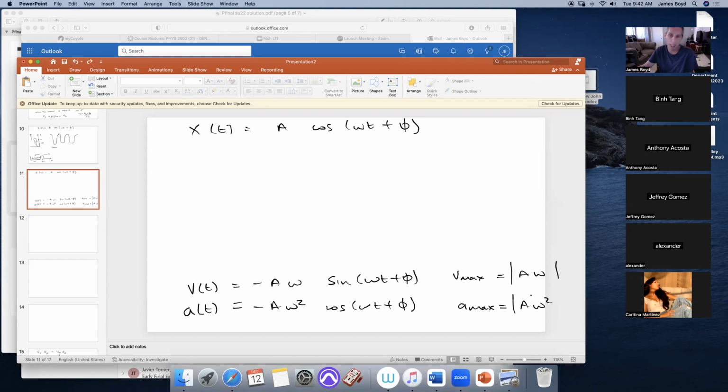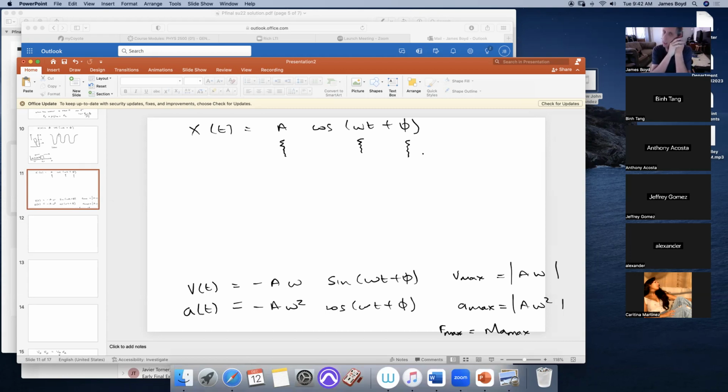If I know the mass of the block, then the maximum force is just m times a max, so m times A omega squared. So what this boils down to is you need to figure out what is the amplitude, what is omega, and what is phi.